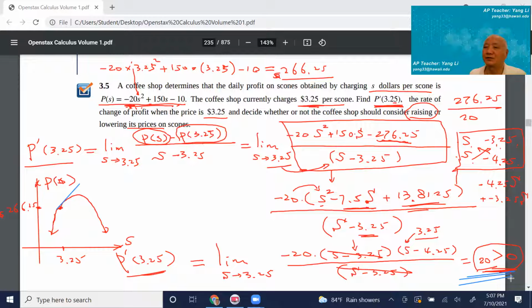So you still have room to increase the price to here, so you can get more profit. You go to here, maybe this is the maximum. And later on, go to here, you cannot increase the price anymore, right? Because this side is going down, right?